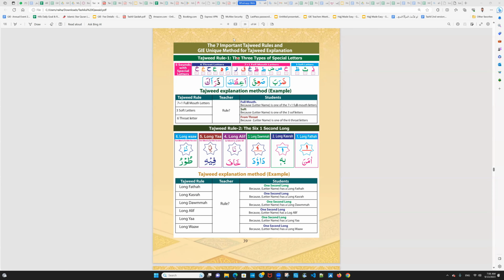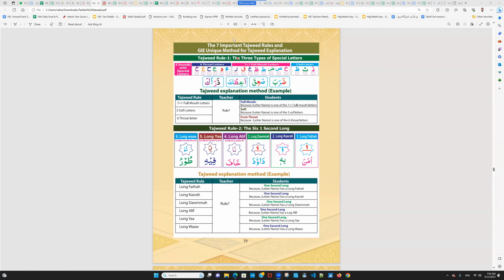So make sure you watch this video on how to teach the 3 types of special letters separately. Then you can apply this Tajweed explanation method for rule 1, the 3 types of special letters.